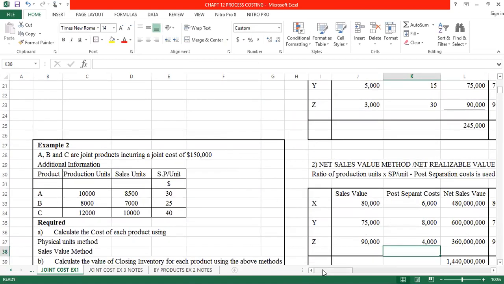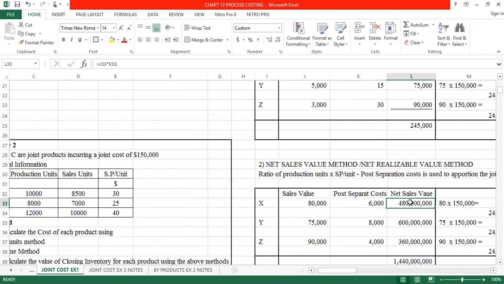Now net sales is not times, it is minus. Don't multiply, it is minus. That is what is causing the problem.